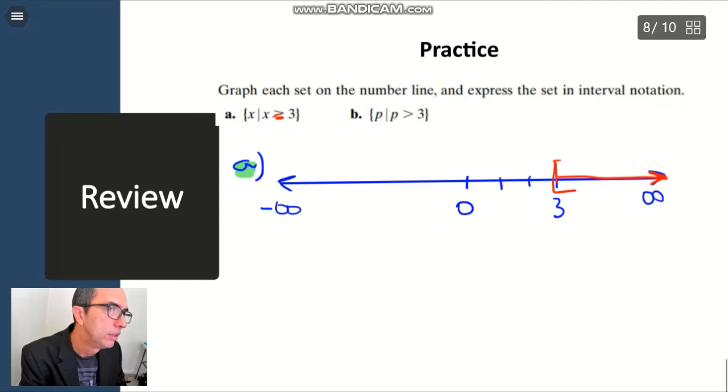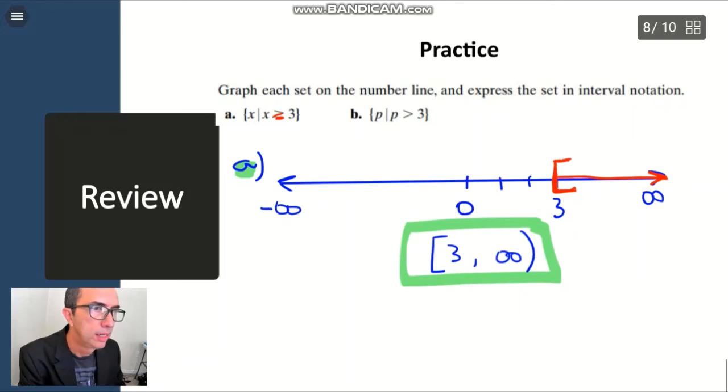So a square bracket to represent that 3 is included. And the interval notation for this is going to be bracket 3, comma, infinity, parenthesis. This is the interval notation.